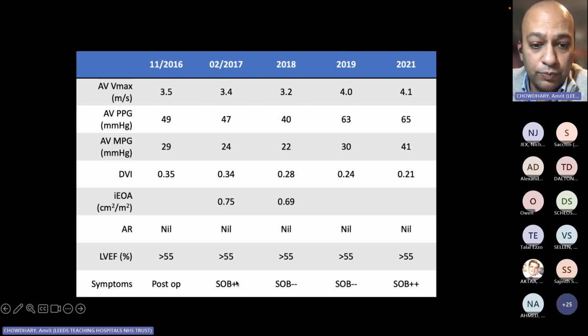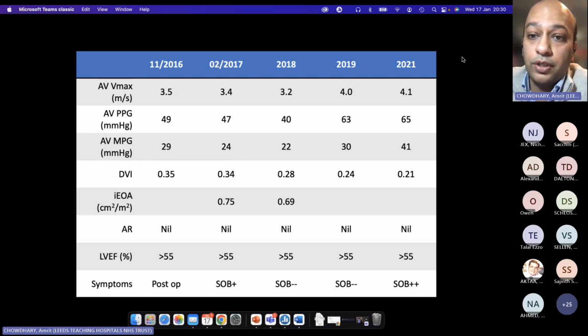She did have shortness of breath in 2017. After going through rehab and probably after her post-op recovery, she did improve, and her shortness of breath seemed to have subsided completely. She was then followed up in 2019, had another echo, and symptomatically she felt quite well in herself. So nothing to get too worried about up to this point.